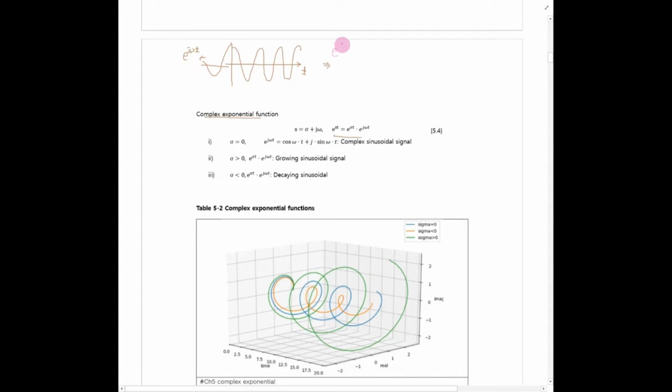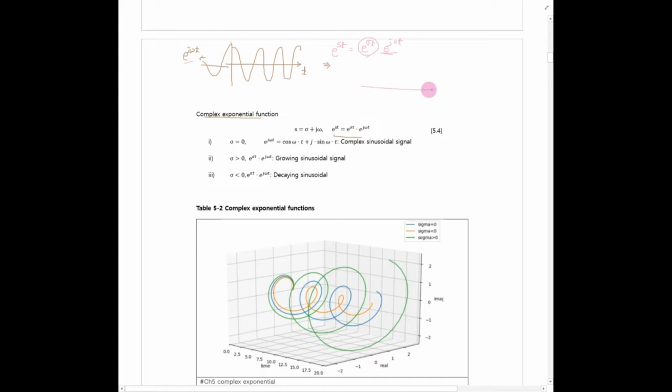The complex exponential can be expressed as e to the sigma t times e to the j omega t. It includes these terms. So the gain factor, e to the sigma t, is changing over time, but basically it's a sinusoidal one. So let's consider the real part of this one.